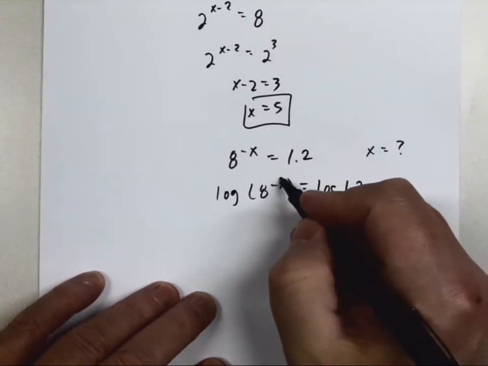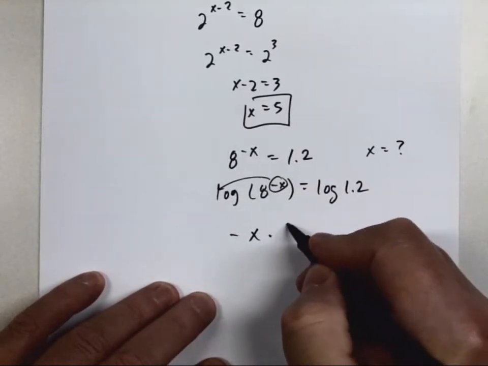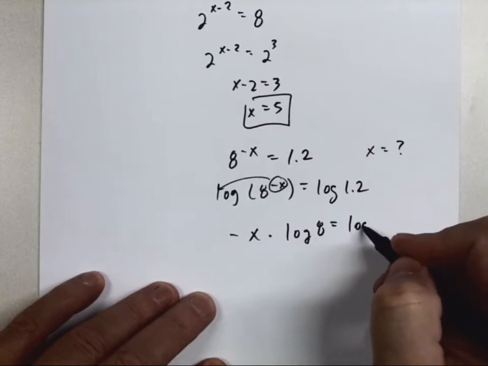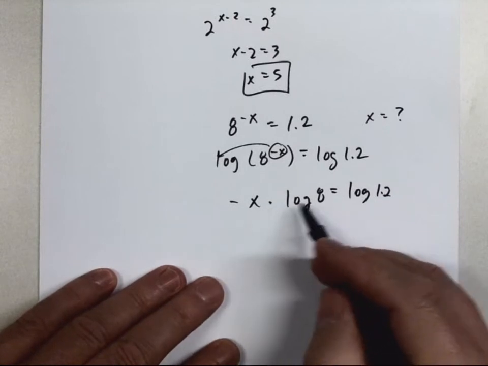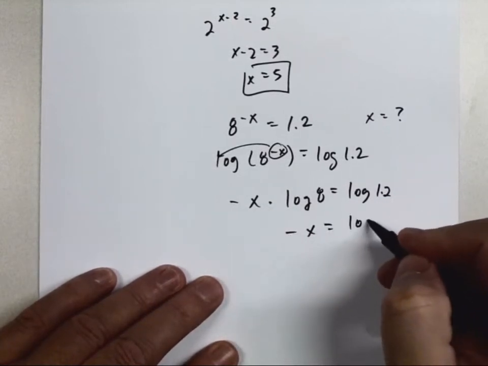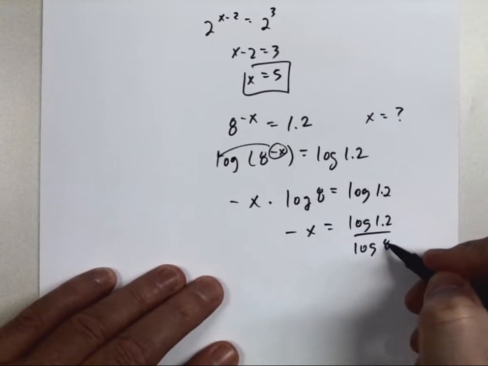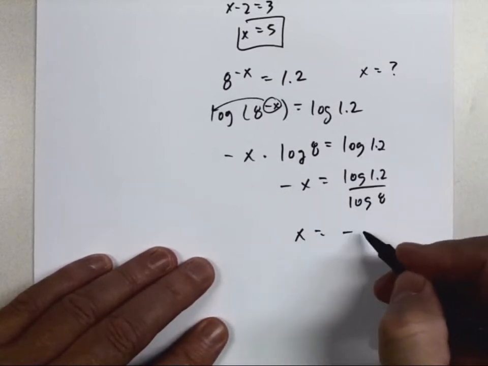Inside here, this whole exponent can go out front. If I solve for x, I'll divide both sides by log 8. Multiply both sides by -1.